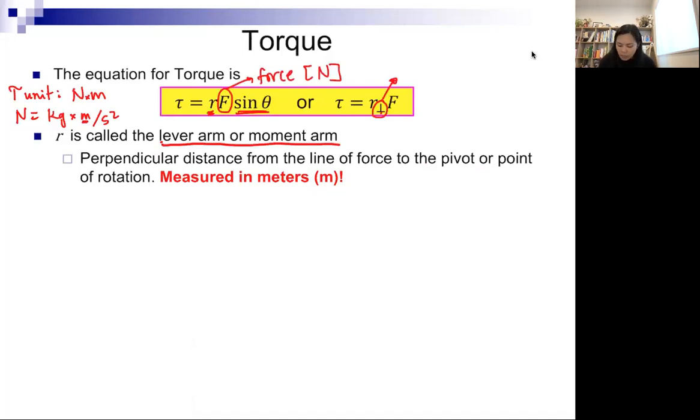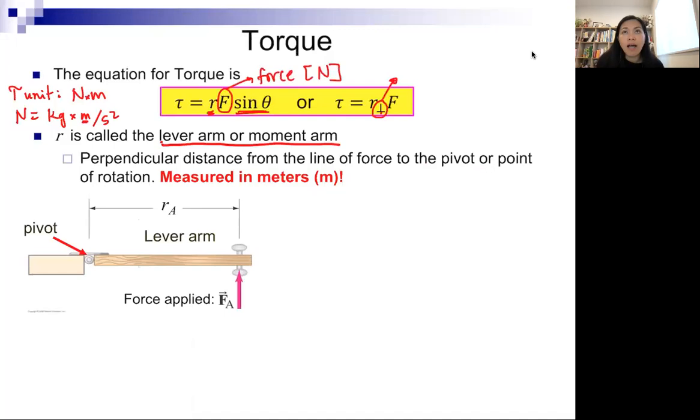These figures illustrate how we determine the lever arm, which I briefly demonstrated with the pinwheel earlier. Say that's the pivot point there, a hinge, and the door can rotate. If we apply the force perpendicularly on this end of the door, you measure the lever arm as the perpendicular distance from the force to the pivot point, and so this will be the lever arm for this force.